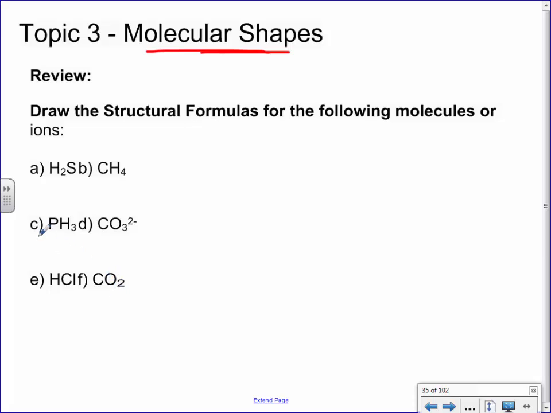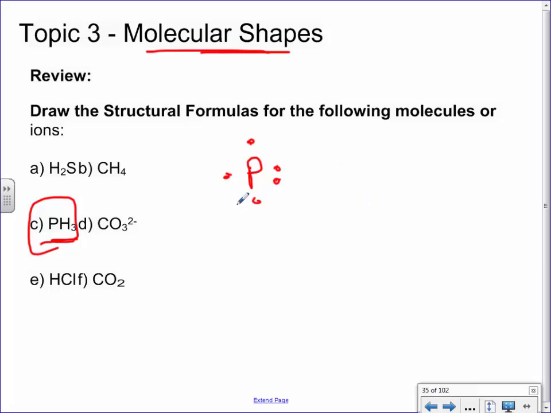Why don't we do PH3? How would PH3 look if I had to draw it? So step one, phosphorus, we need to figure out what it looks like. Phosphorus has 1, 2, 3, 4, 5 valence electrons. So 1, 2, 3, 4, 5. I don't really care which one doubles up.